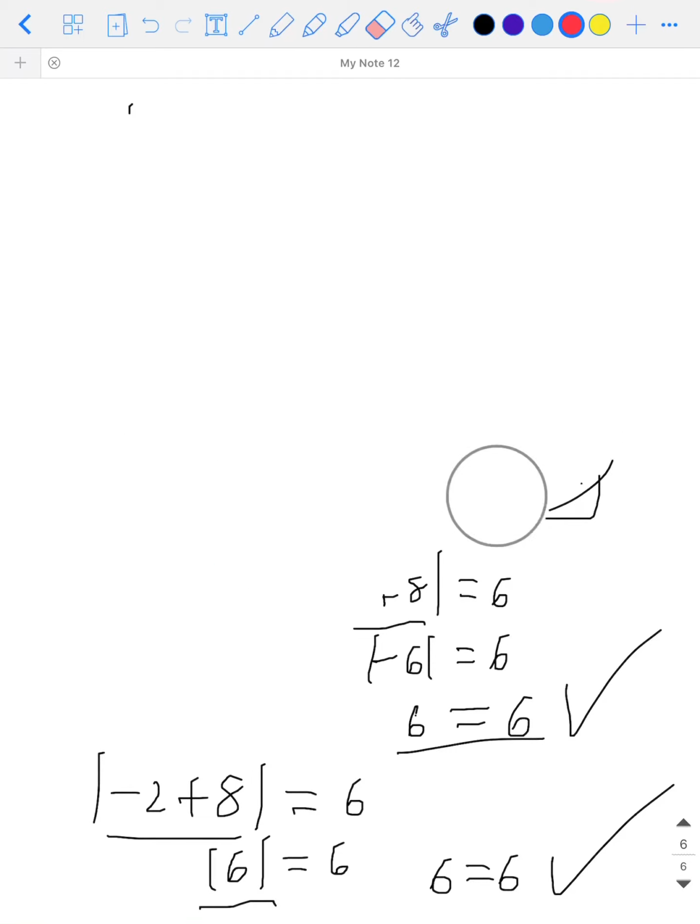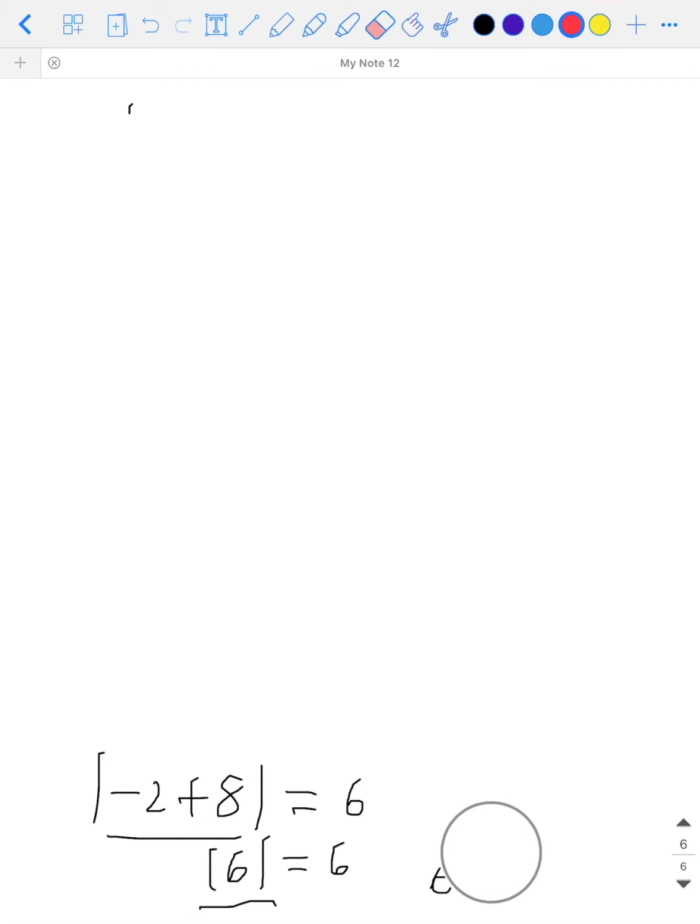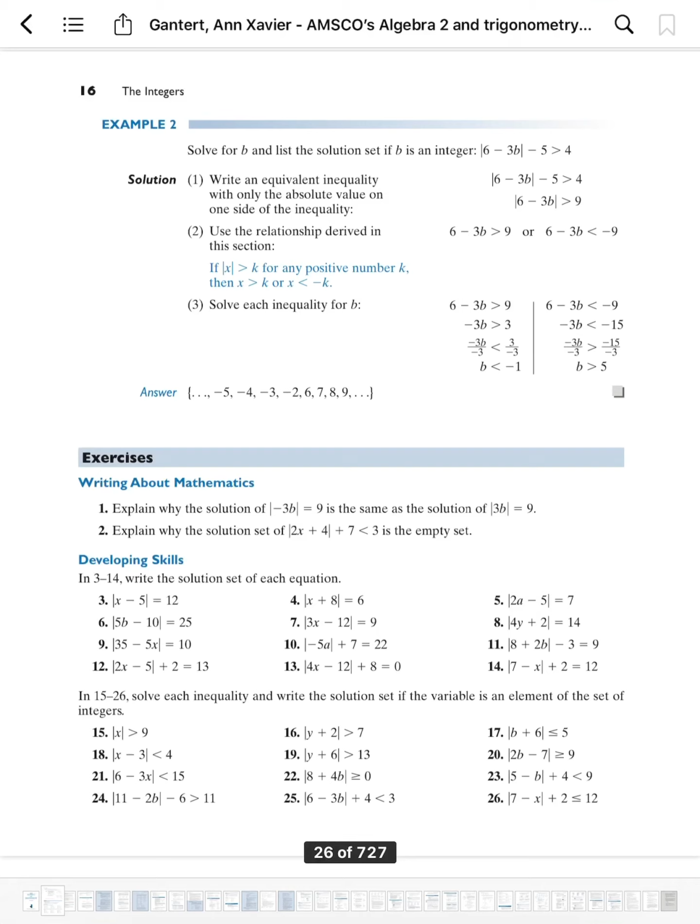Continuing on with the questions. For question number 6, absolute value of 5b minus 10 is equal to 25.